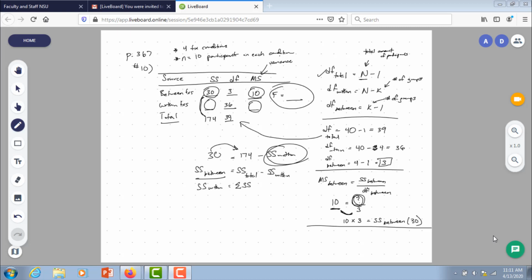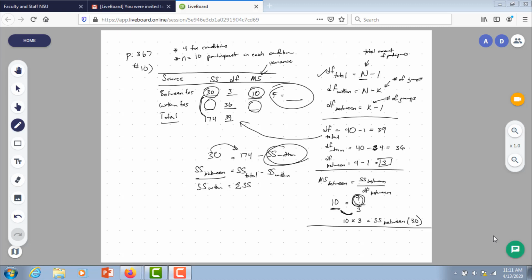Sum of squares within, we don't have information on each sum of squares as it pertains to each treatment condition, so we had to go the route of simply taking between treatment sum of squares from the total to get the within treatment sum of squares. All right, from there, we need to calculate our mean squares within.